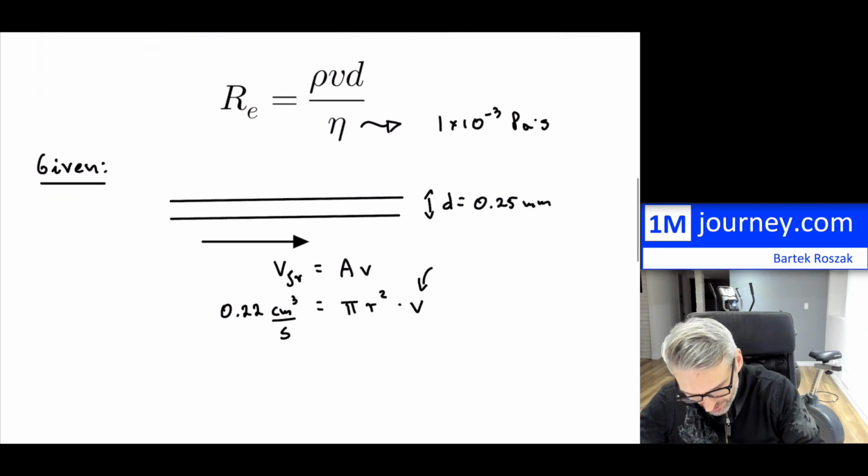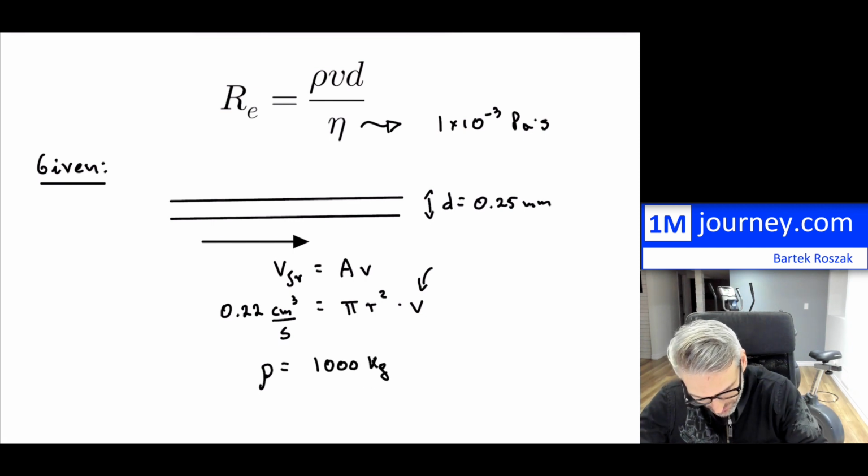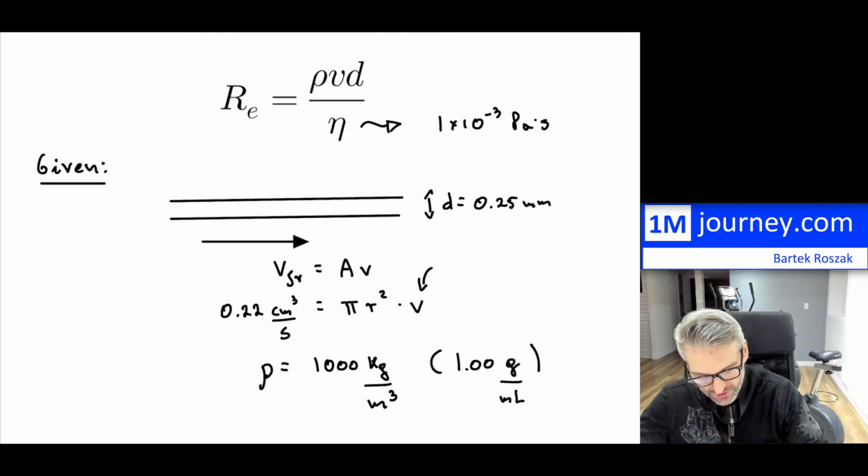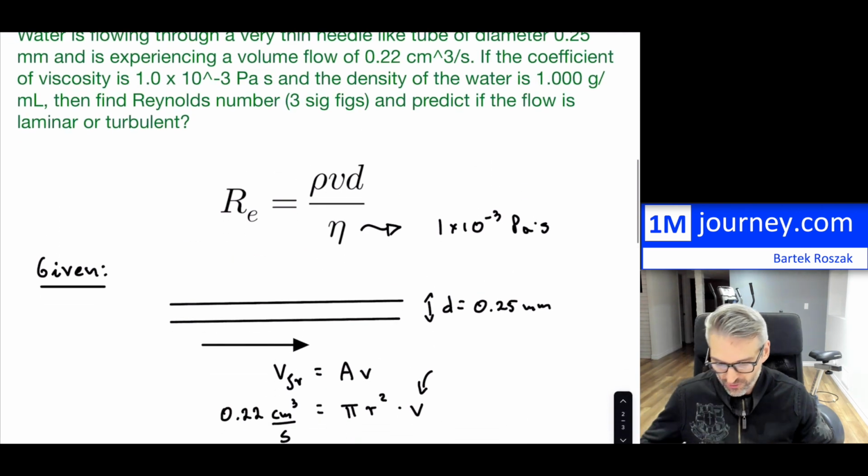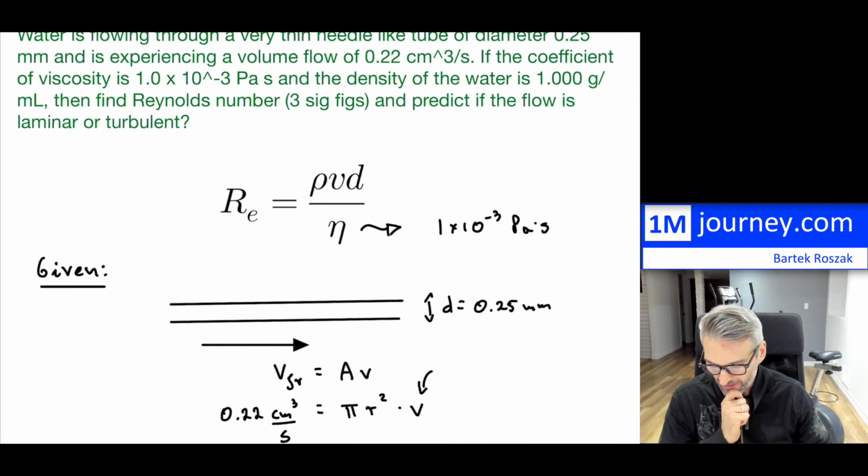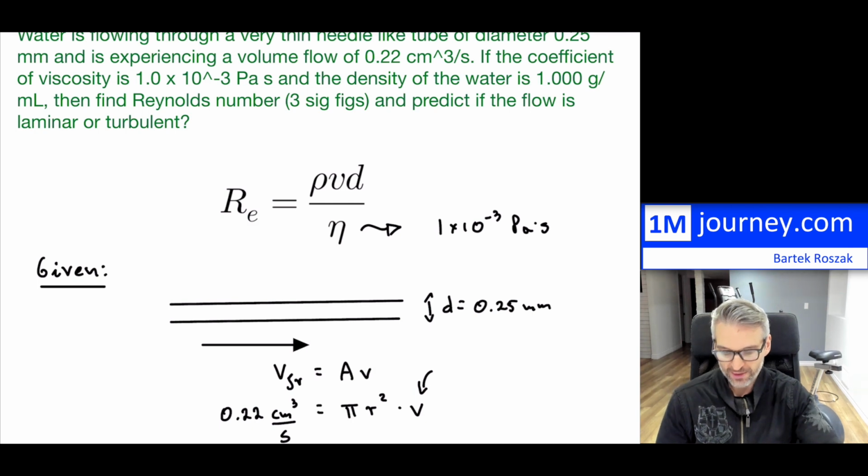So the density is 1,000 kilograms per meter cubed, which is the same as 1 gram per milliliter, or per centimeter cubed. This is for water, assuming regular temperature. Then find the Reynolds number to 3 significant figures and predict if the flow is laminar or turbulent.